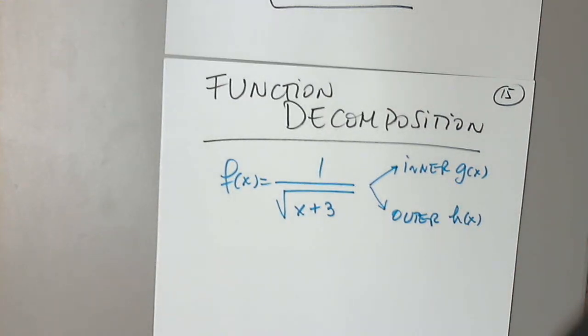So when I ask you for an inner function, you will look at this expression and say, if I'm asked to evaluate this function for 5, which quantity, which function, if you want, I will have to evaluate first. And that will be your inner function.